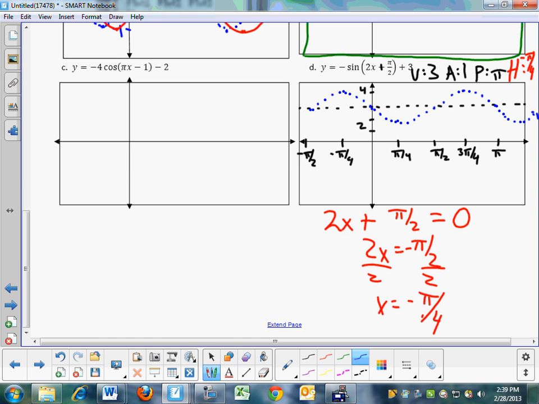Now I shift everything to the left, pi over 4 units. All these points just shift back, and they shift back 1 tick mark, because every tick mark is pi over 4.